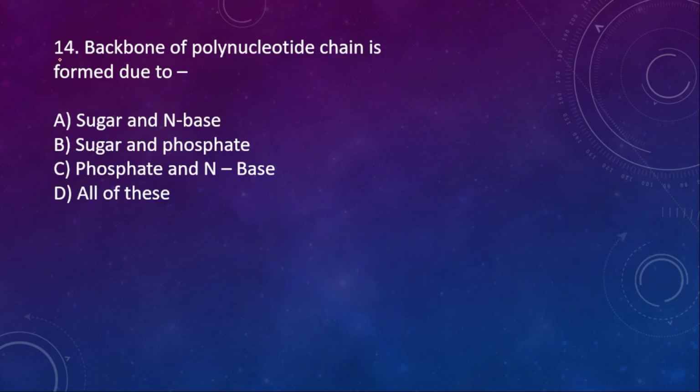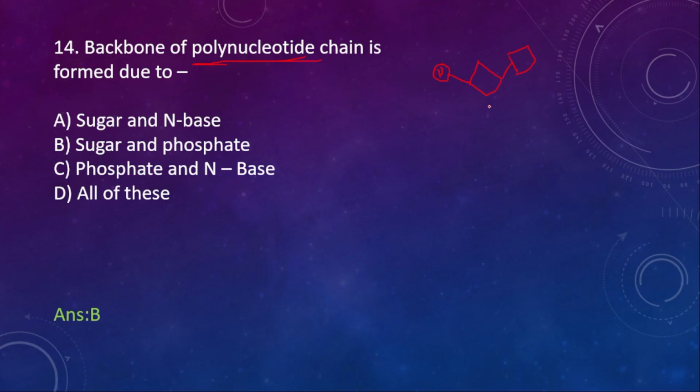That's good. Next, the 14th one: the backbone of a polynucleotide chain is formed due to A. Sugar and N base, B. Sugar and phosphate, C. Phosphate and N base, D. All of this. Here the right option is option B, sugar and phosphate. If I draw a polynucleotide, poly in the sense many, nucleotide means you know that this is one nucleotide: the pentose sugar, and then the base here, and here there will be a phosphate group.